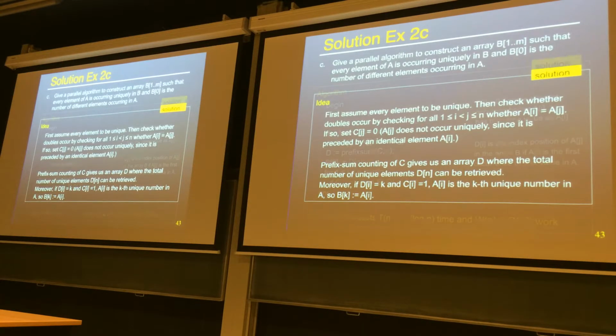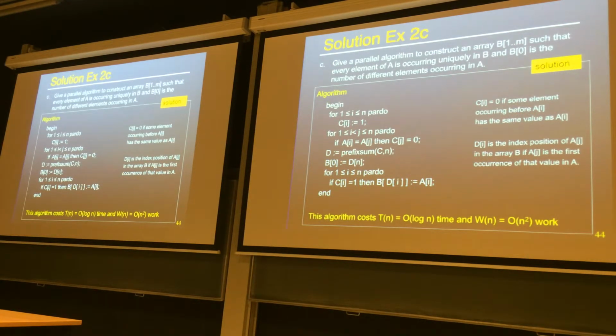So here's the algorithm. For 1 to n in parallel, initialize Ci to 1. That's the assumption. Then for j larger than i between 1 and n, in parallel do the following.